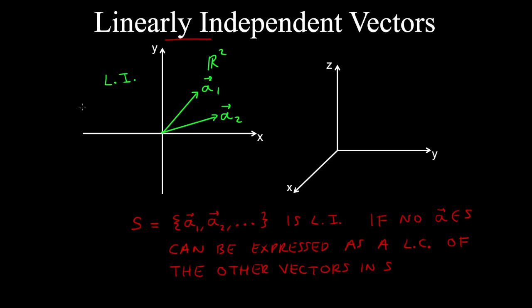As you can imagine, we can't express A1, for example, as a linear combination of A2, because if we multiply A2 by a scalar, all we can do is change its length or negate it.